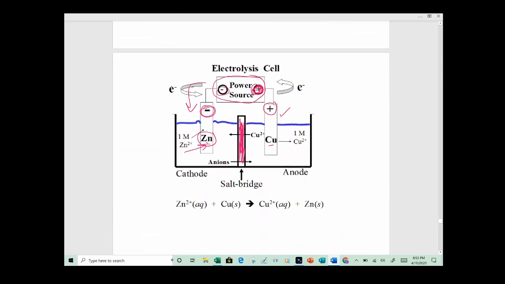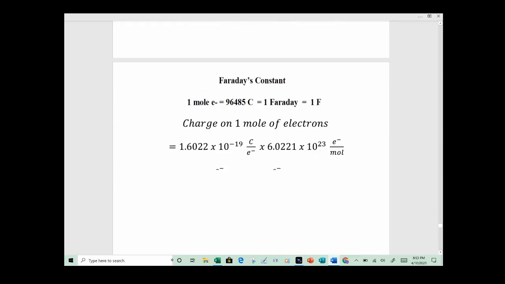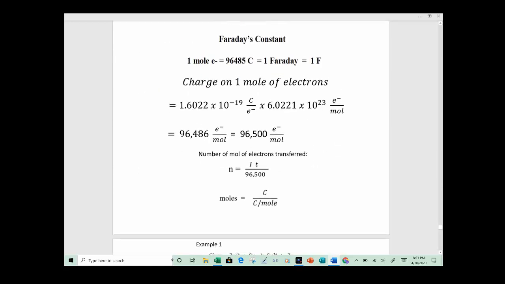What we would like to do is calculate how much zinc is actually plated out on the surface of this electrode in a certain amount of time after we pass a certain amount of electrical current into this cell. So to do that, we need this information.